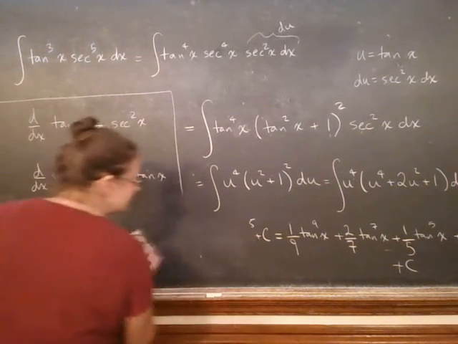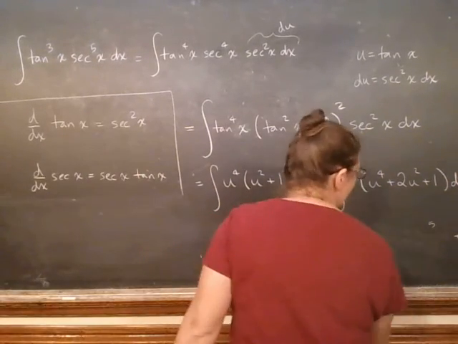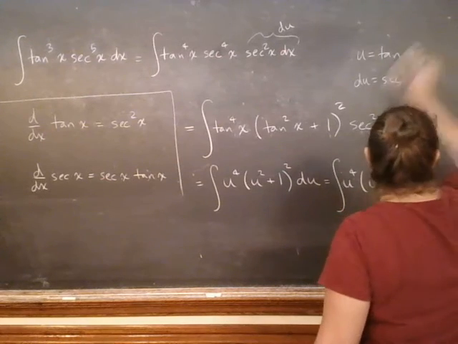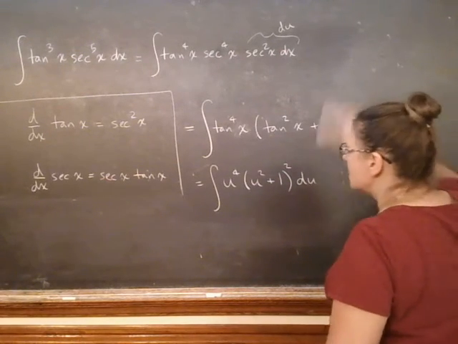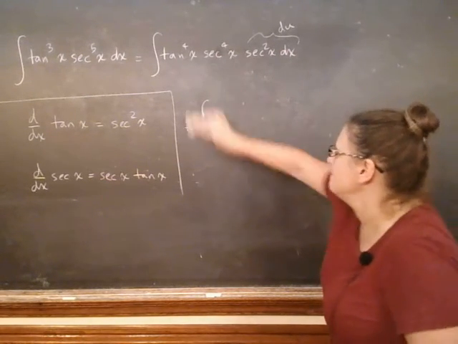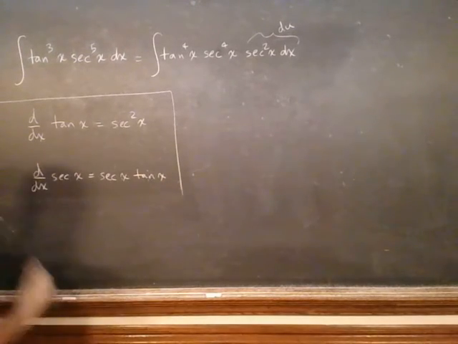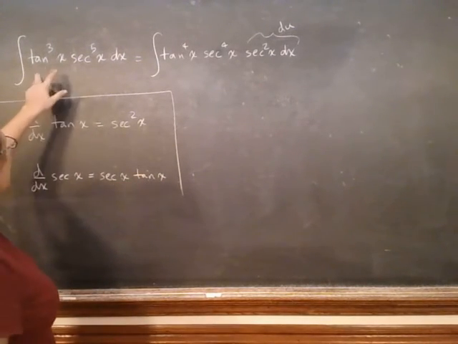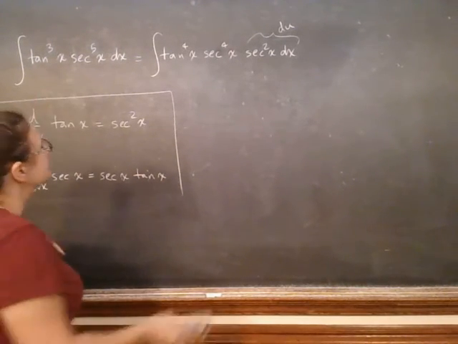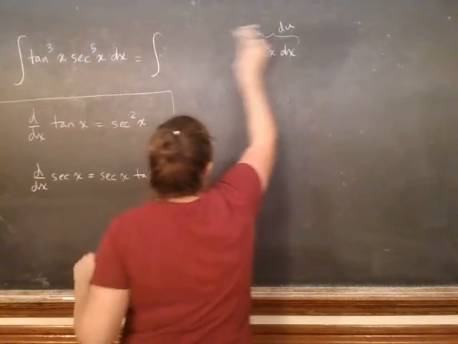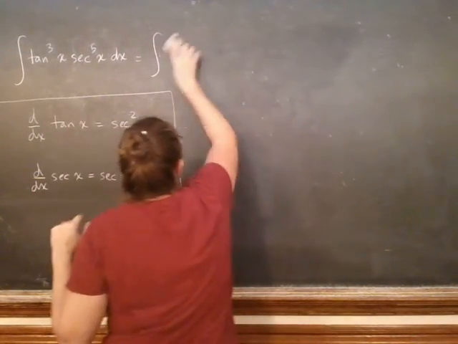So while I erase, you can kind of think, okay, what's the good thing about odd? The good thing about odd is that if I make u be secant, my derivative is secant tangent, so I can pull off a secant and a tangent there, and that'll be my du.